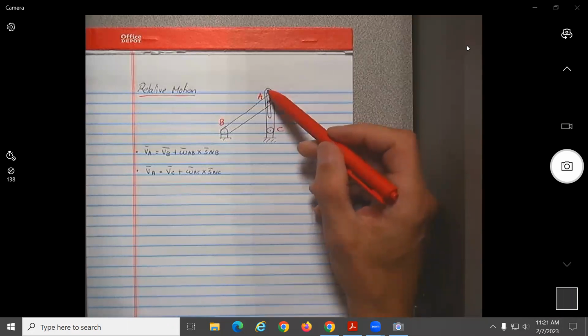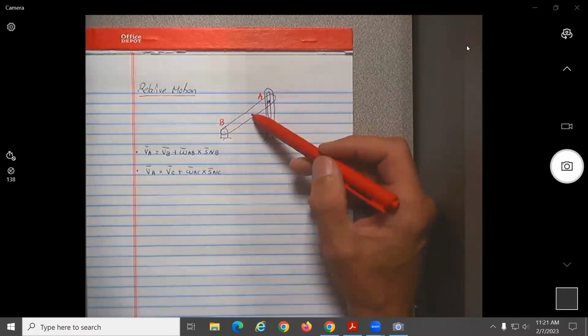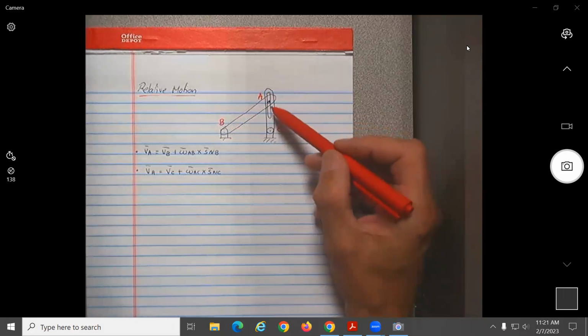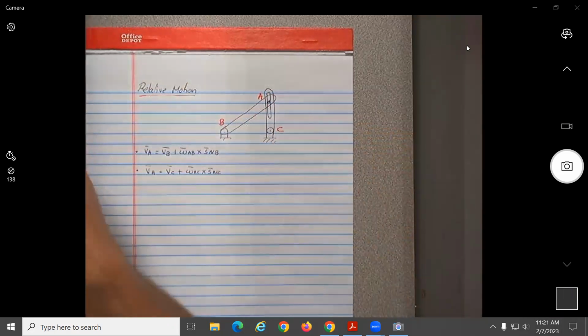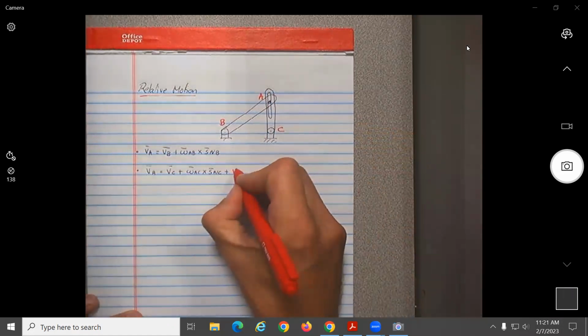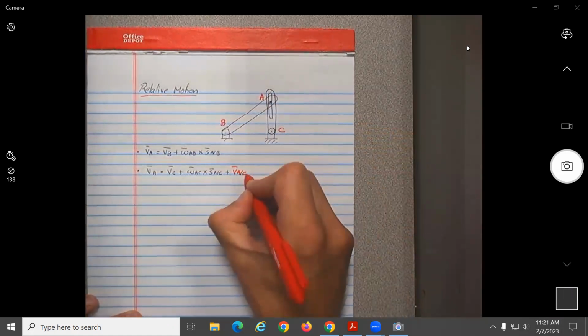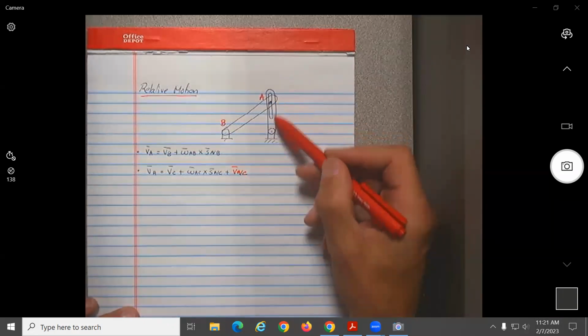All the points in this bar over here, AB, since it's one solid, they all move with the same velocity and same acceleration. This is not the case for bar AC. So you're going to see here that there should be one extra term, plus velocity of A with respect to C. You agree that A is going to be able to move along the groove with respect to C?